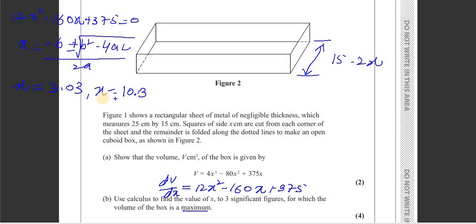If you plug in x equal to 10.3, clearly this side will be negative, which is not possible. That means x cannot be 10.3, so your value is x equal to 3.03. This is the value of x at which the volume of the box is maximum.